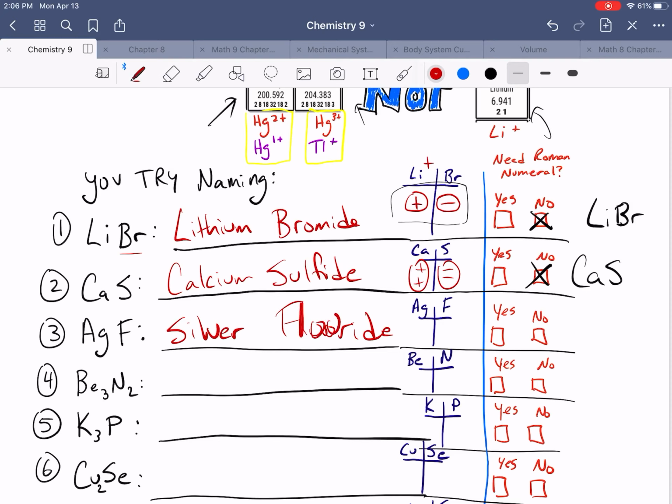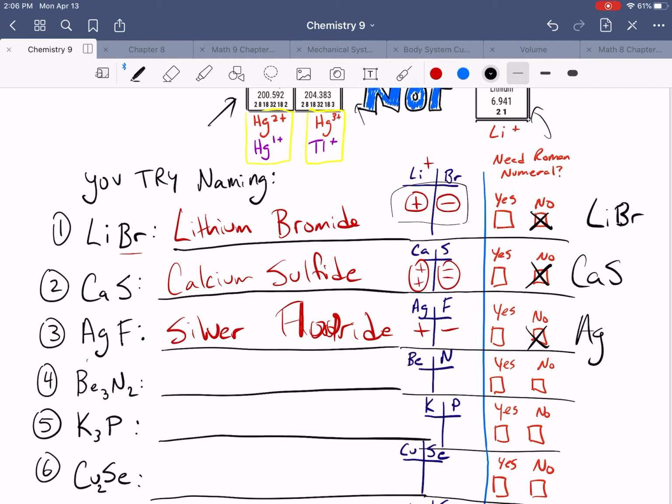Sorry, it's horrible, I can't write that right. Anyways, silver has 1, fluorine has 1. We don't need any Roman numeral because silver is only one thing, and this would be AgF, which is what we had right there. Okay.